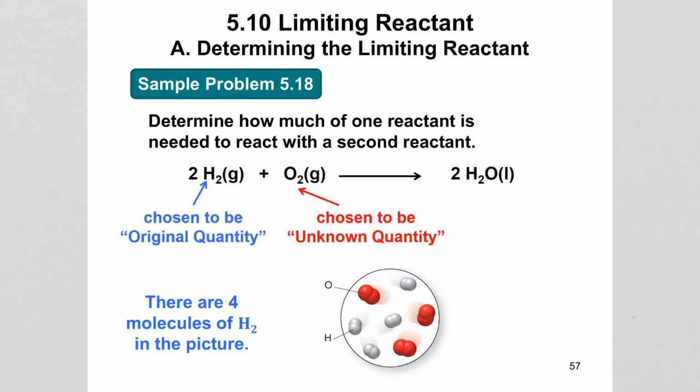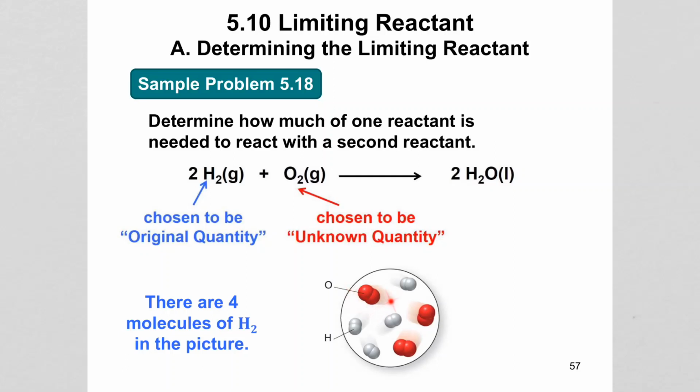So for instance here, we have a 2-to-1 ratio between hydrogen and oxygen to form 2 molecules of water, right? And we have 2 molecules of hydrogen as the original quantity, oxygen as my unknown. I don't know how much of the unknown I'm using. So if I have, let's say, 2 molecules of this, actually we have them here in the little drawing.